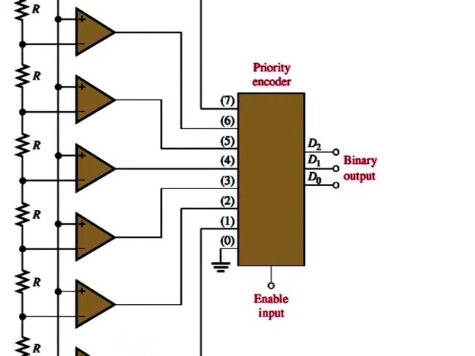The priority encoder is a digital device that produces a binary number on its output representing the highest value input. The encoder samples its input when a pulse occurs on the enable line and a 3-digit binary number proportional to the value of the analog input signal appears on the encoder's output.